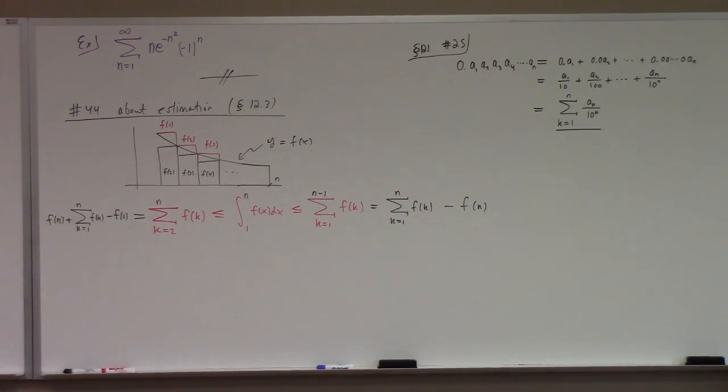Look, your target is this. We know that if we have the sum of a r to the k, k equals 0 to infinity, that's equal to a over 1 minus r, provided the absolute value of r is less than 1.